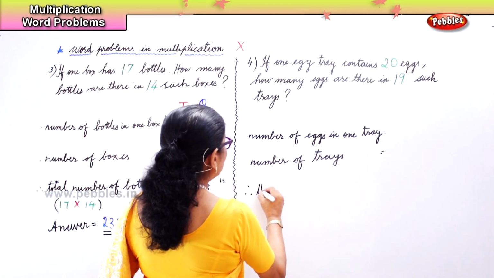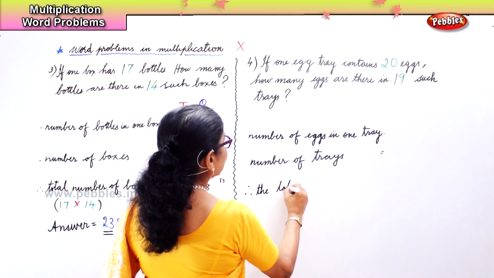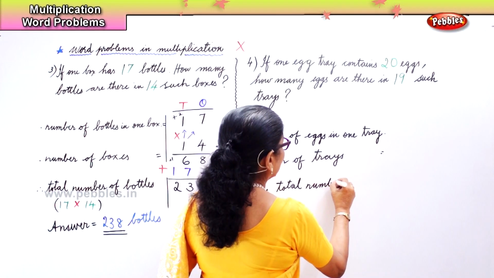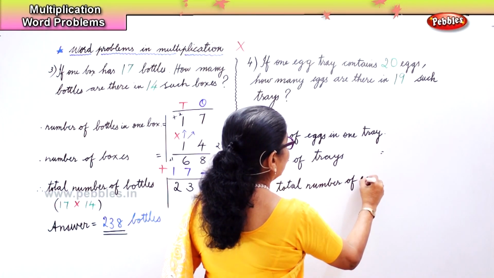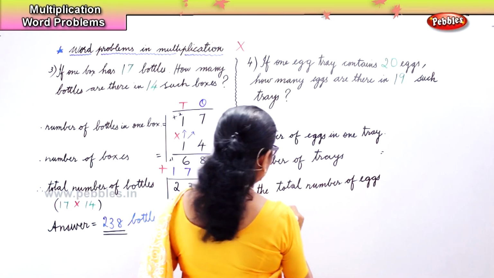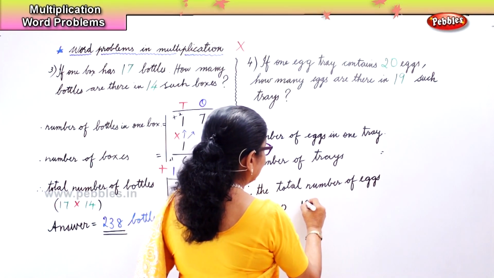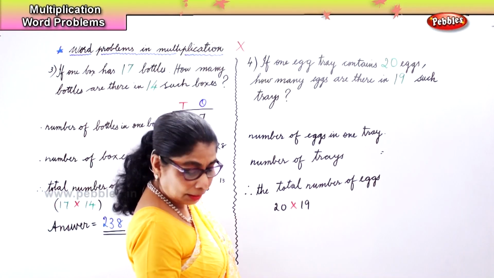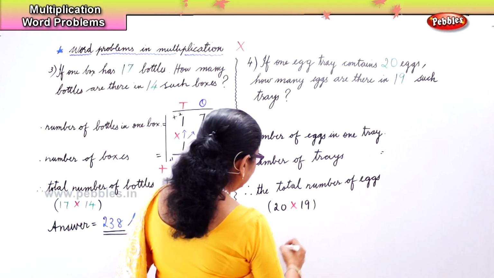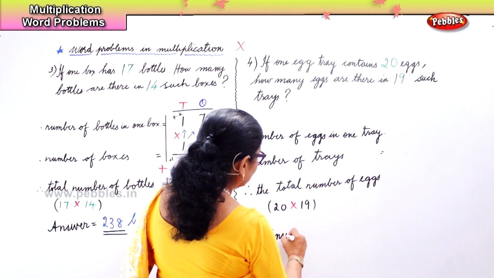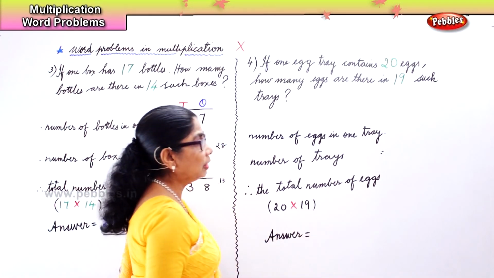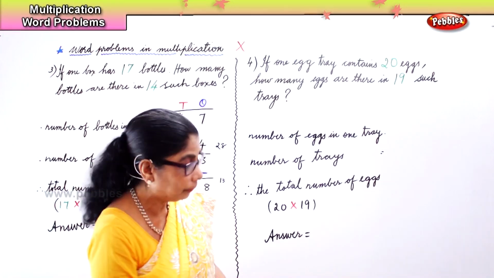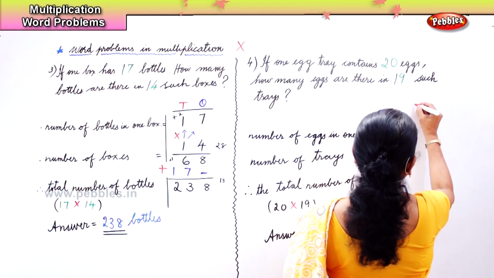What will be the third statement? Therefore, the total number of eggs. How do we get the total number of eggs? We must multiply 20 into 19, and that will give us the answer. Now, we need to write tens and ones before we place the numbers correctly.